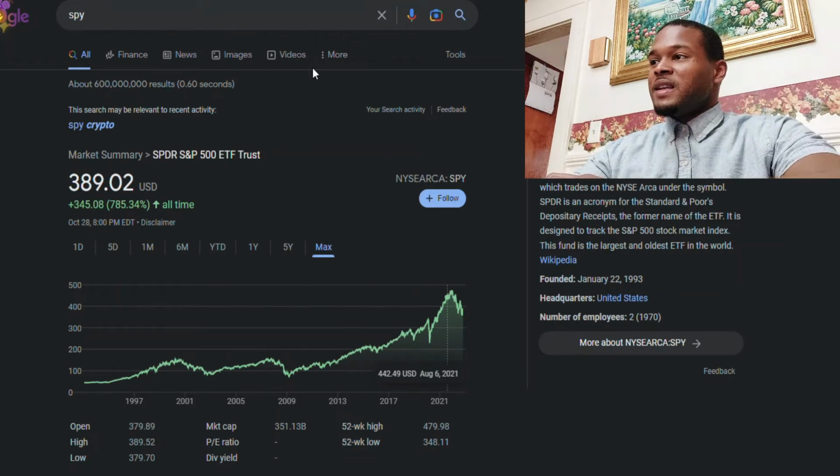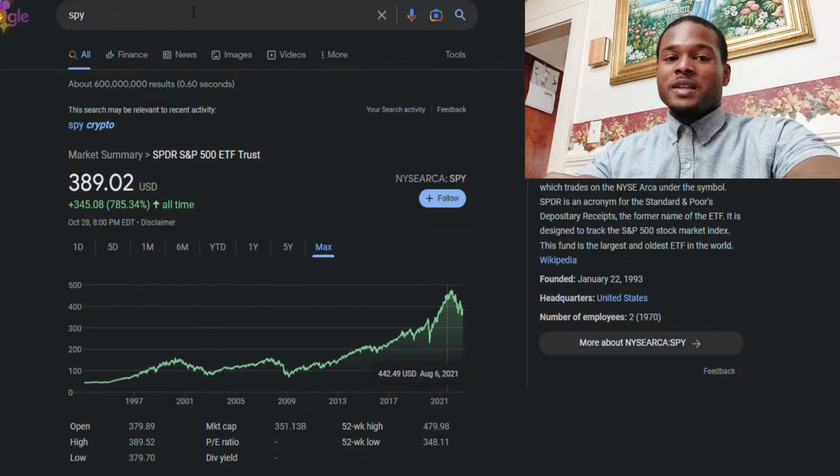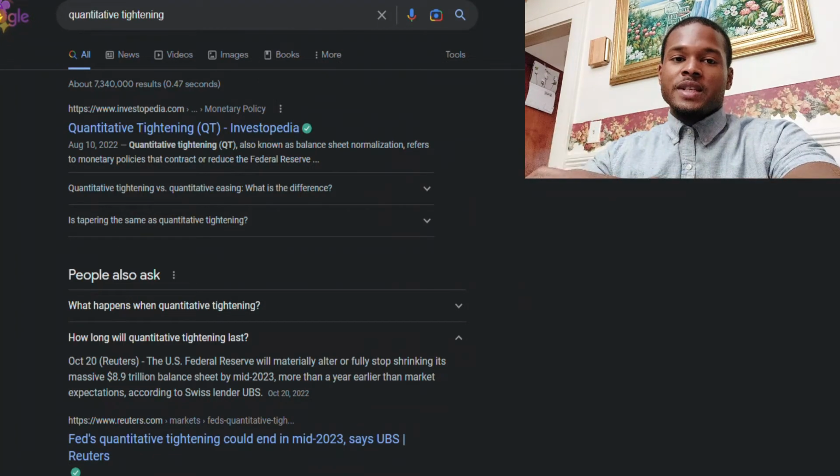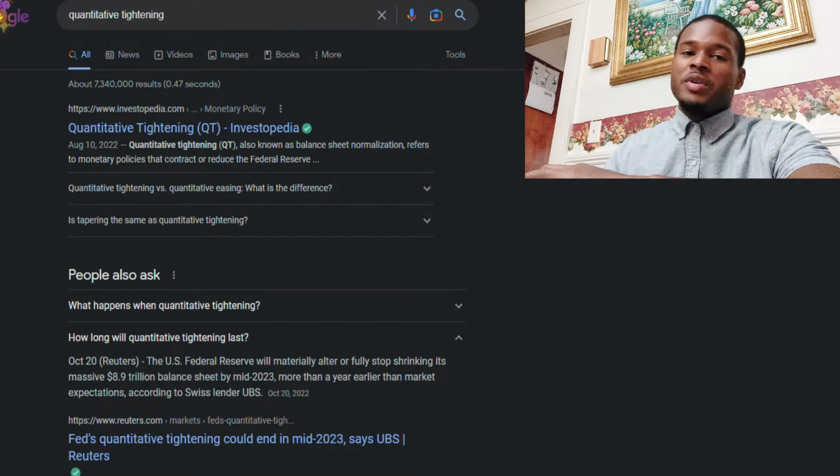So they had no choice but to implement quantitative tightening. What this does is, instead of injecting money, he's removing the money. He's reducing the balance sheet. It's also called balance sheet normalization. So you basically take a lot of liquidity out of the markets.